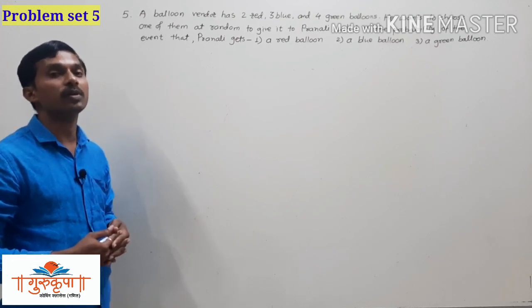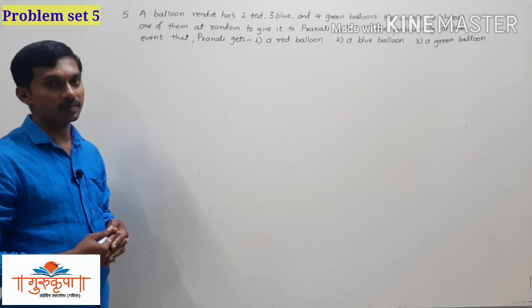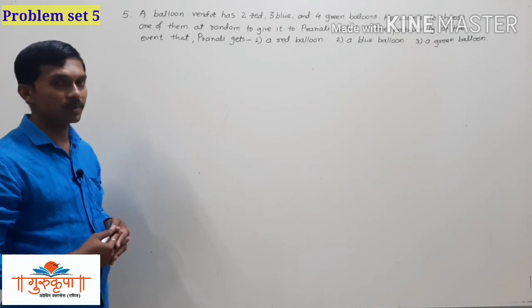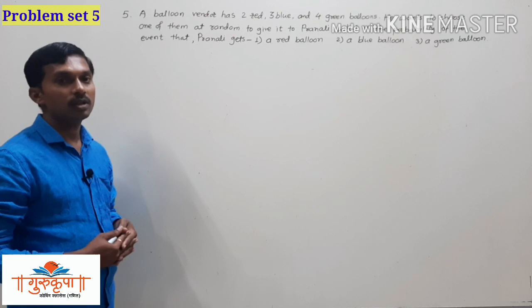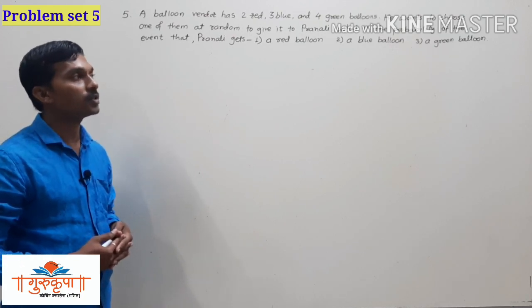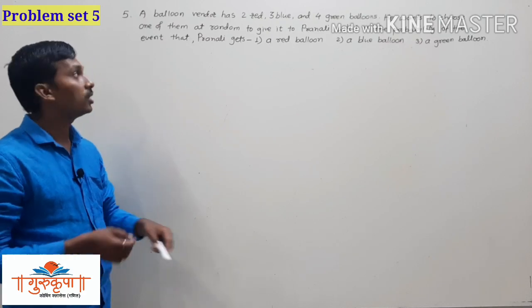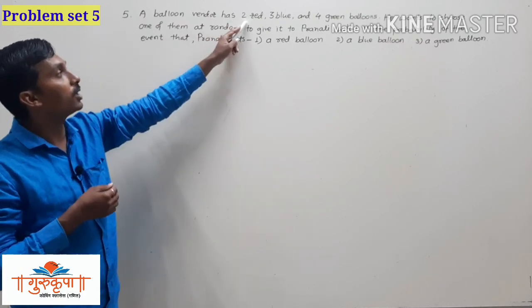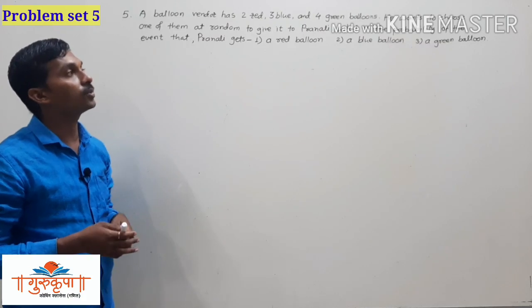We have to find the probabilities of 3 events. The first event is that Pranali gets a red balloon, the second event is that Pranali gets a blue balloon, and the third event is that Pranali gets a green balloon. As all of you know, we have 2 red, 3 blue and 4 green balloons.